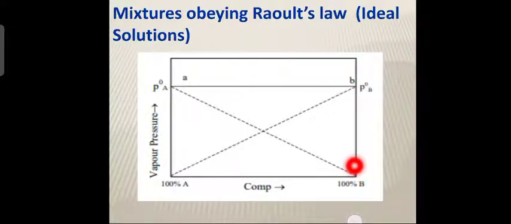Starting from this point it is 0% B. As you move from left to right along this axis, the percentage of B goes on increasing, and when you reach here it becomes 100% B. So this is the graph obtained for vapor pressure along the y-axis and composition along the x-axis.